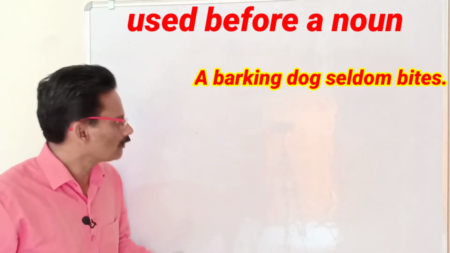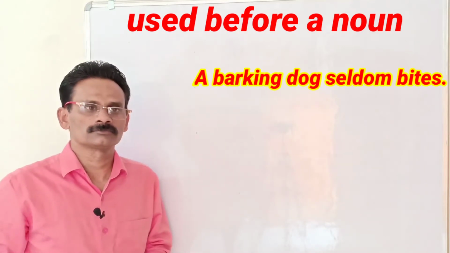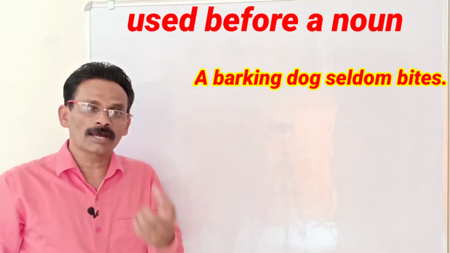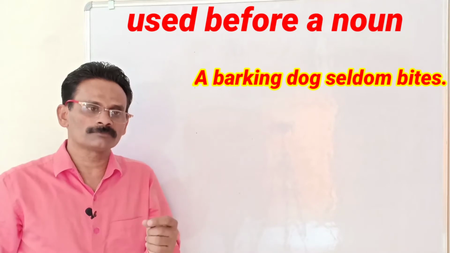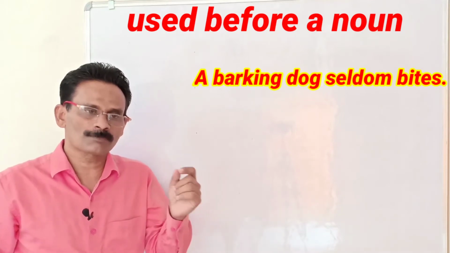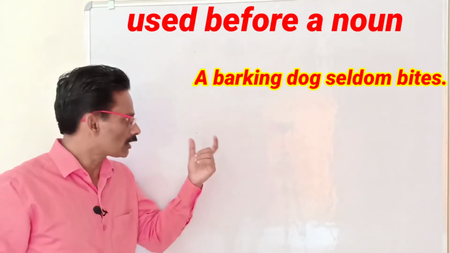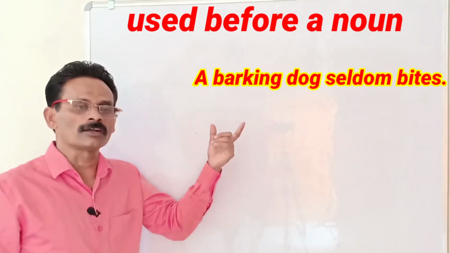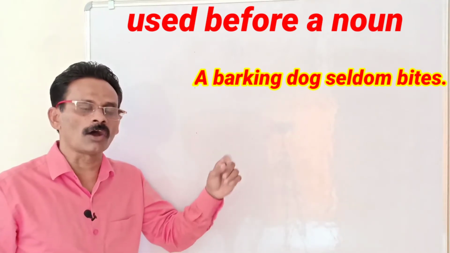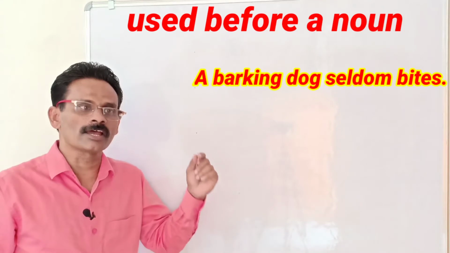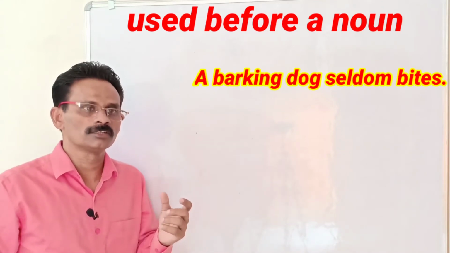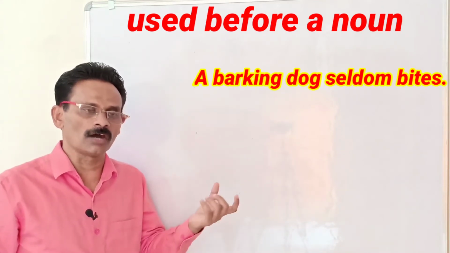Then what about barking? So here barking is a non-finite verb. It is present participle. It modifies the dog. A barking dog tells about the dog, modifies the noun.